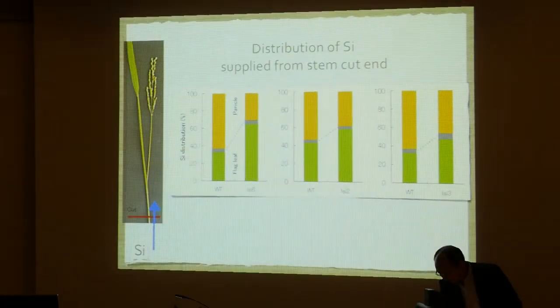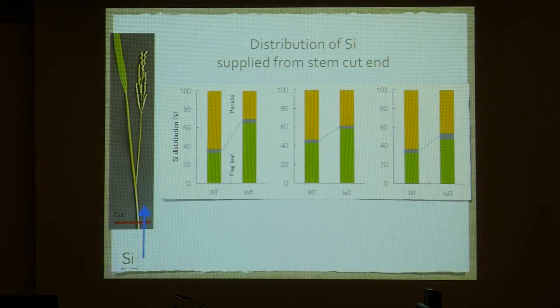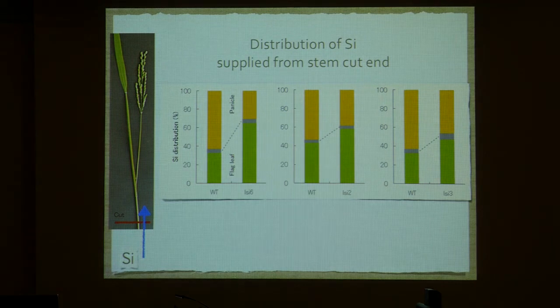So, what happens if you knock out ELISA2 and ELISA3? We did a very simple experiment. Because ELISA2 is also involved in silicon uptake, to exclude the role of ELISA2 in the silicon uptake, we just cut the panicle from the second internode and then fed silicon from the internode, and then looked at the distribution to the flag leaf and the panicles.